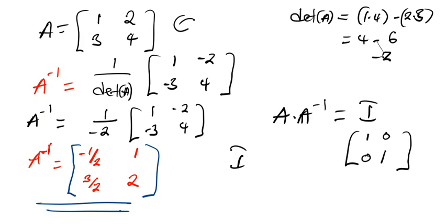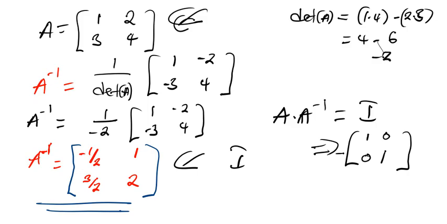This is an identity matrix. So if I multiply the inverse by the original, I should be able to get this. Now I believe you are able to get something. That's basically how we find the inverse of a matrix.